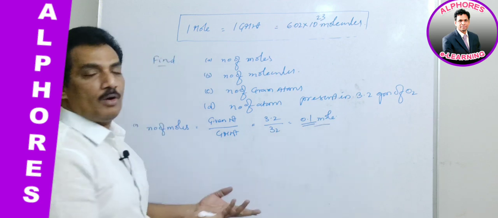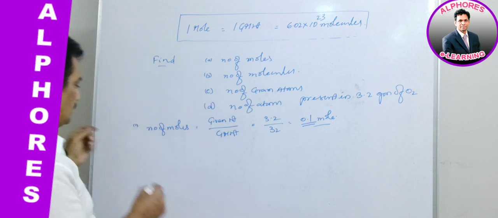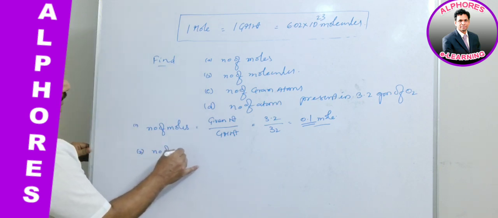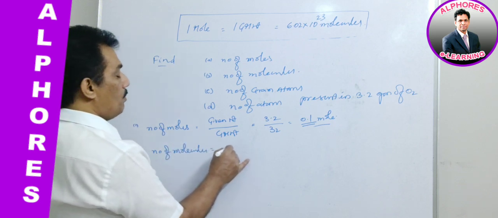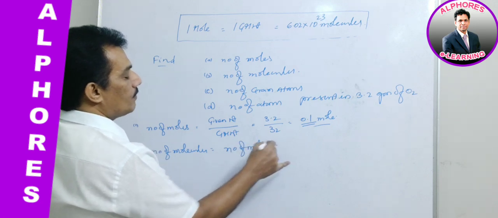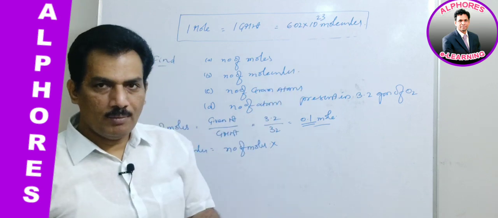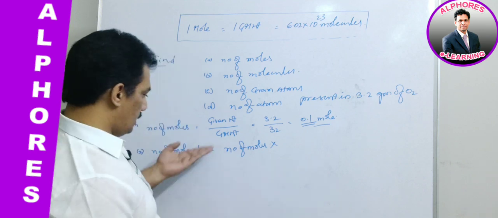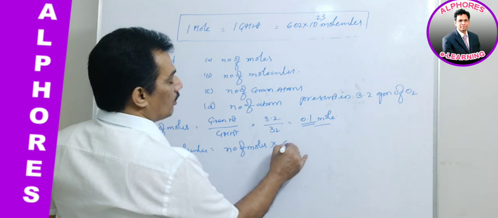Once we know the number of moles, then we can calculate number of molecules. How to get it? Number of molecules is equal to number of moles into Avogadro number, because each mole has Avogadro number of molecules. So 1 mole has Avogadro number of molecules, X moles possess how many molecules?